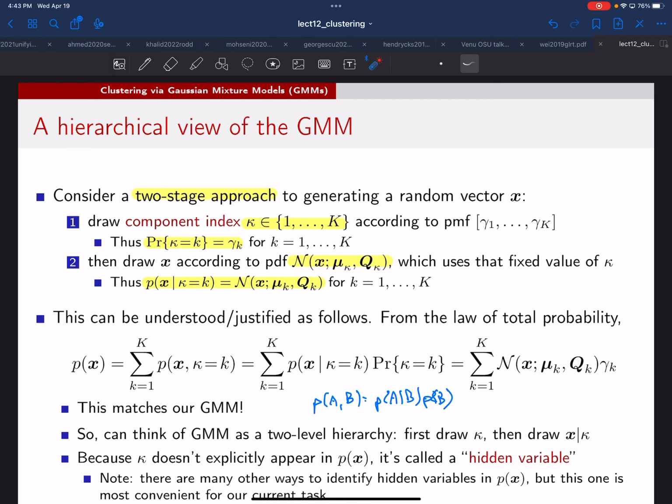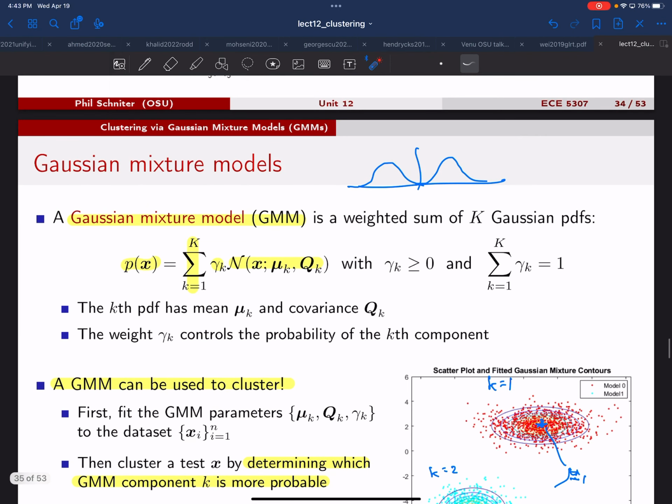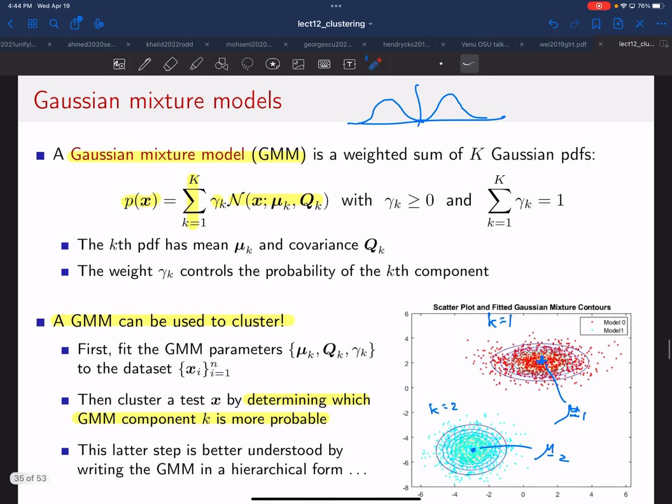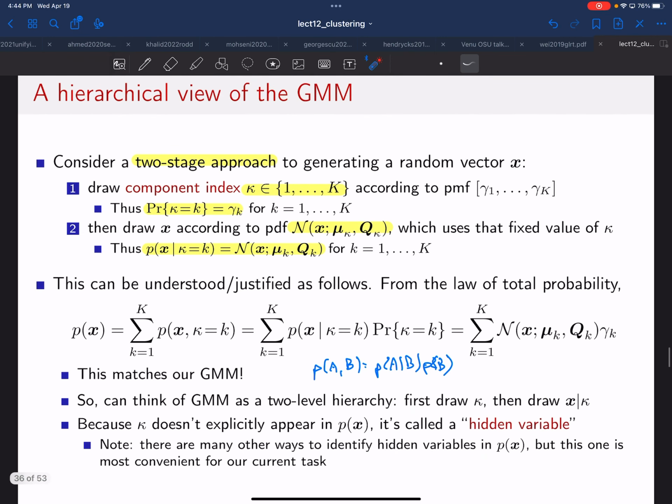We said before the probability of X, given that it was drawn from distribution K, is this Gaussian, and the probability that kappa came from K is gamma K. And now you can see that this exactly matches how we described it at the beginning. So this is just explaining it in a more direct, principled way.